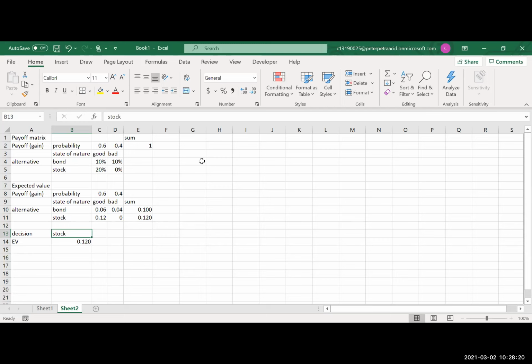So in decision analysis, you should also compute the sensitivity analysis, meaning what if your probability changes from 0 until 1?